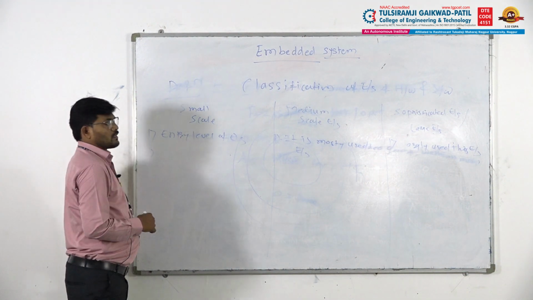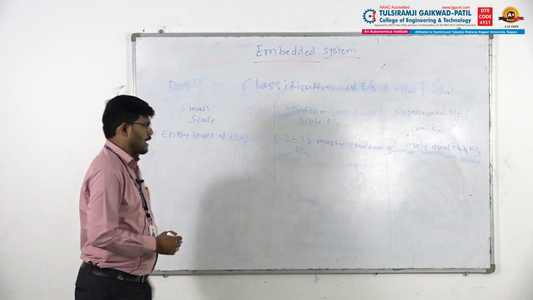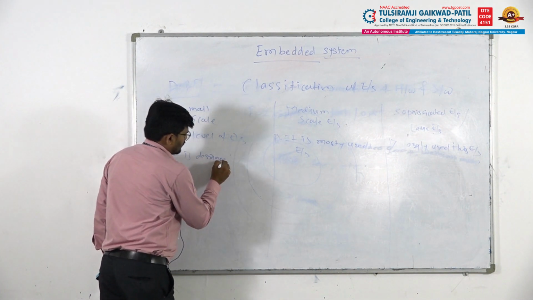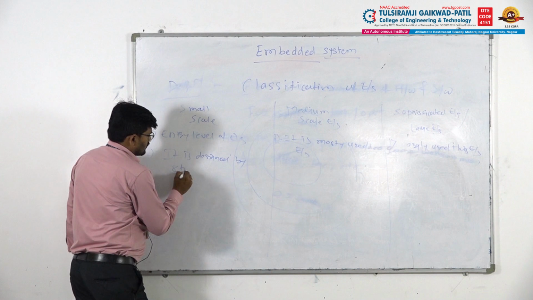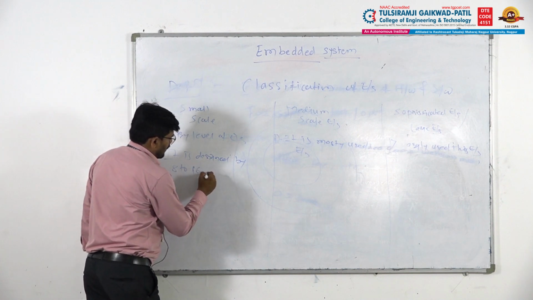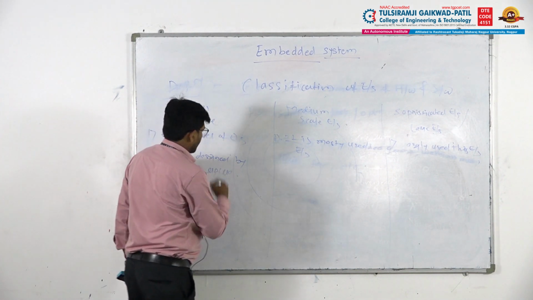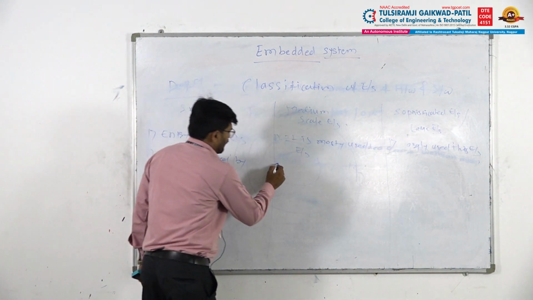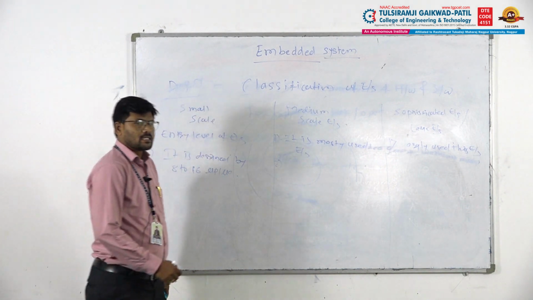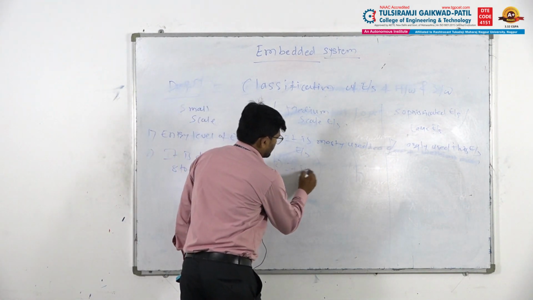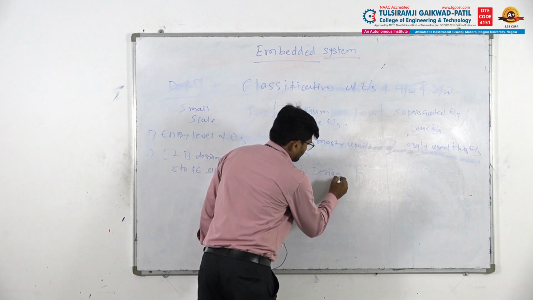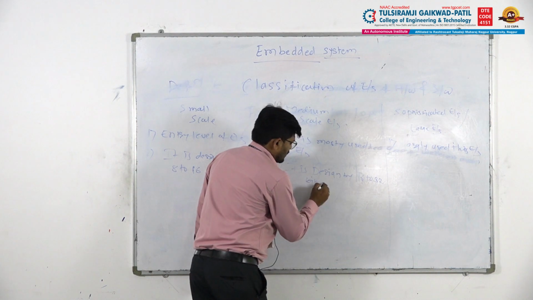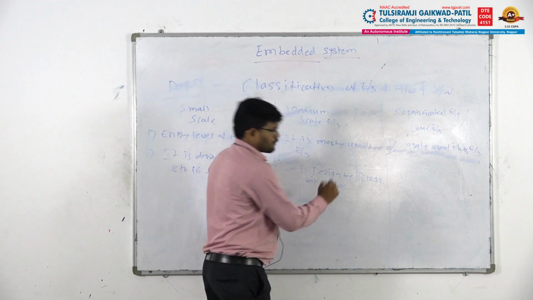The second difference is that the small scale embedded system is designed by 8 to 16 bits microprocessor or microcontroller. The medium scale embedded system is designed by 16 to 32 bits microprocessor or microcontroller.